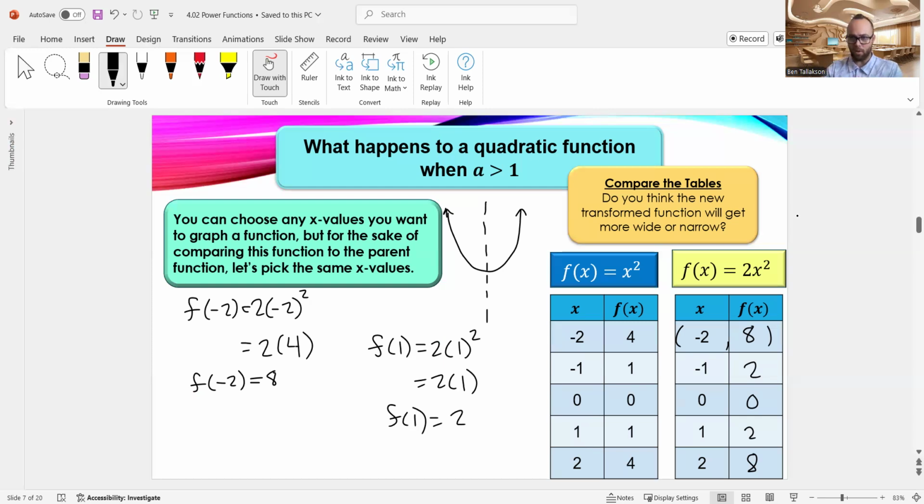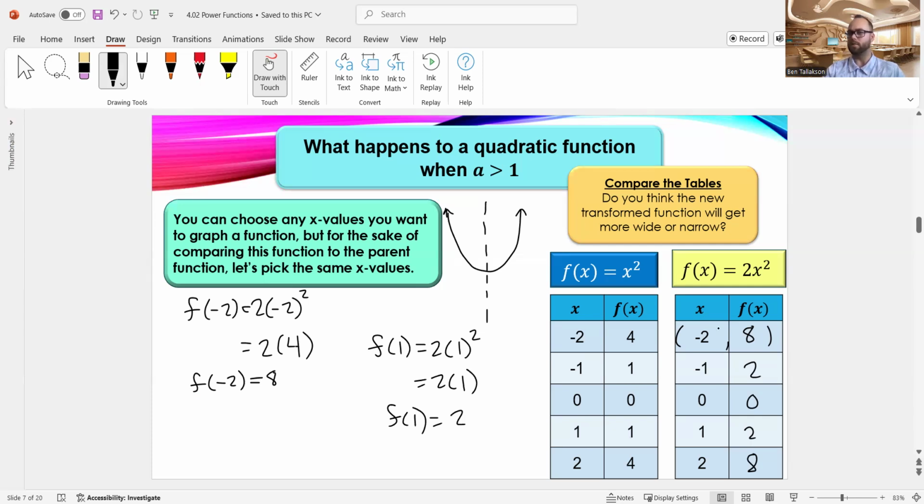So now we have all of our values, right? We have our points for our parent function and our points for our transformed function. So let's compare them and use our brains, our smart brains, to kind of predict what the graph will look like for this transformed function. Do you think it will be more wide or more narrow?